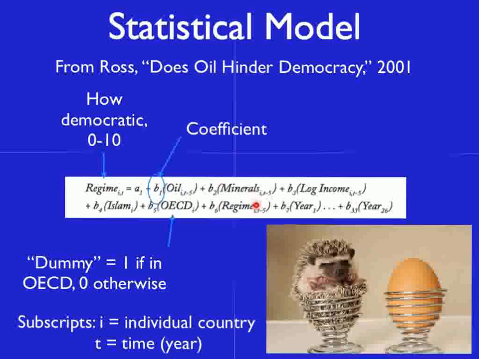So he includes that in his independent variables as well. And then, just in case there are trends over time, he also includes the year that the observation was taken as an independent variable.